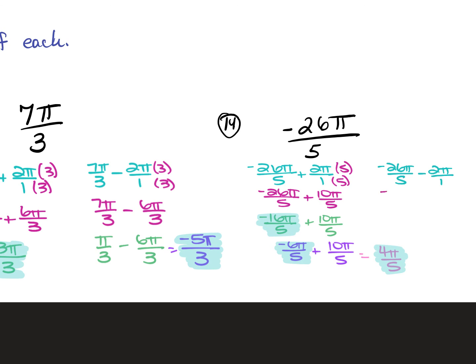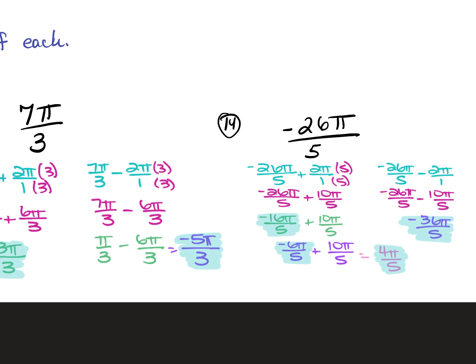Negative 26 pi over 5 minus 10 pi over 5 gives you negative 36 pi over 5. So for your negative coterminal angles, you can give me any of those three negative radians: negative 16 pi over 5, negative 6 pi over 5, or negative 36 pi over 5. But your positive coterminal angle has to be positive, so that's going to be 4 pi over 5.